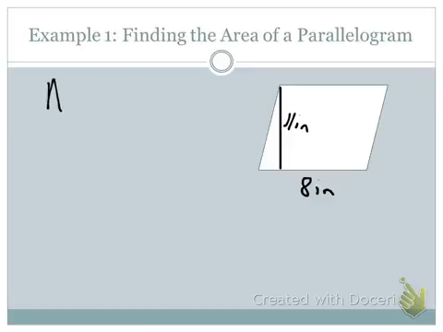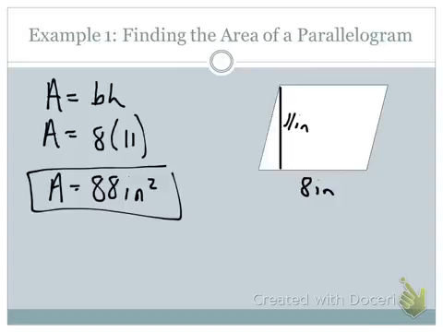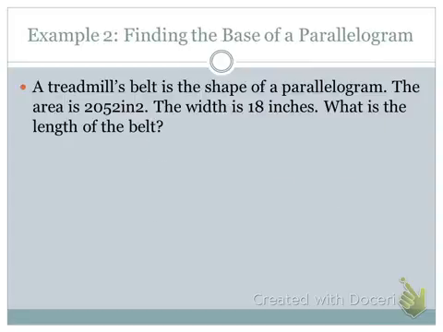All right, so A equals base times height. A equals 8 times 11, and A equals 88 inches squared. All right, who got it right? Good.